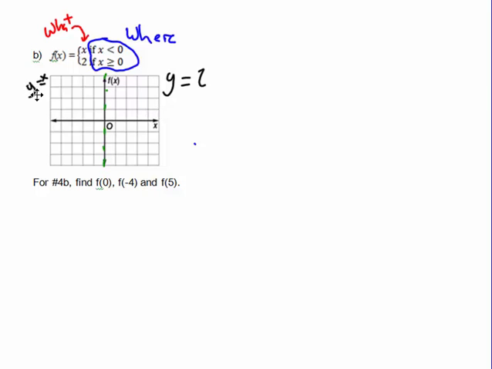The line y equals x is in the form of mx plus b, where b, my y-intercept, is 0. So I have a point here. My slope is 1 over 1, so I go up 1, right 1. But wait a second, I can't graph over there. I cannot go up 1 and over 1 because this is all of the line y equals 2, not the line y equals x.